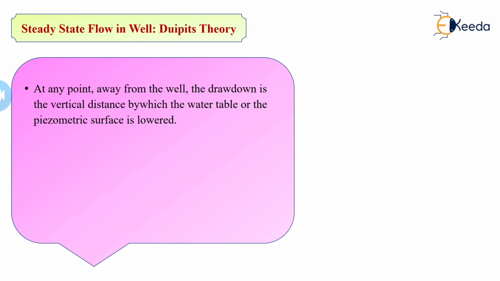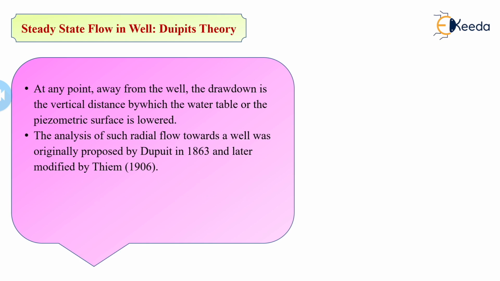It gives us a circular depression, which meets at a point that coincides with the initial water level. So this point reflects that at any point away from the well, the drawdown is the vertical distance by which the water table or the piezometric surface is lowered.